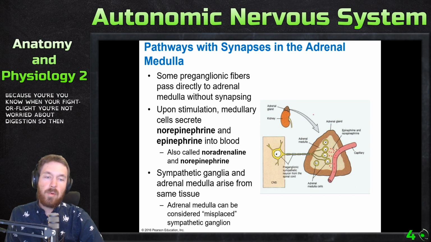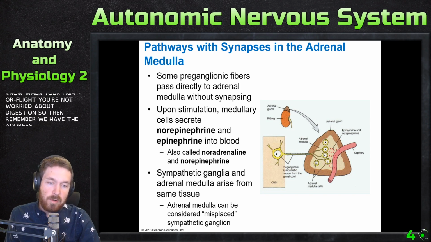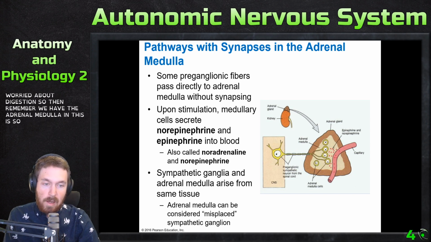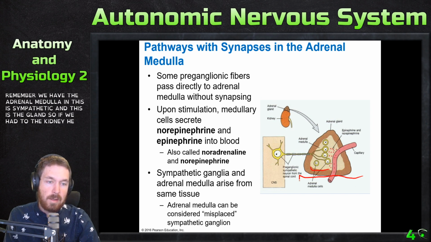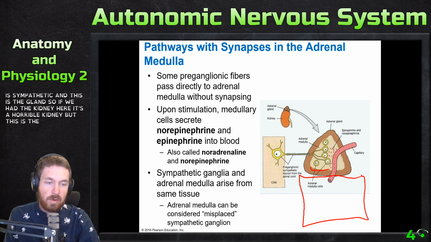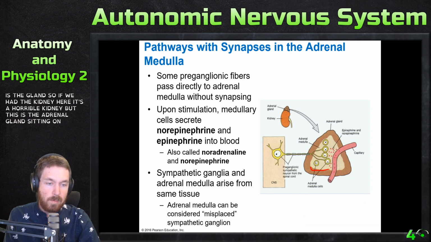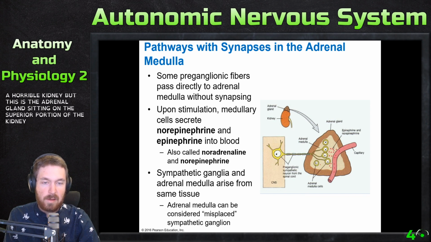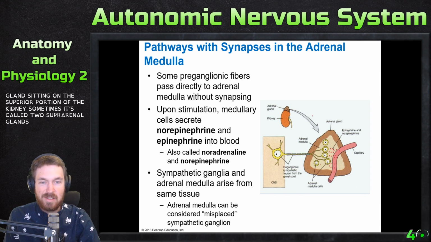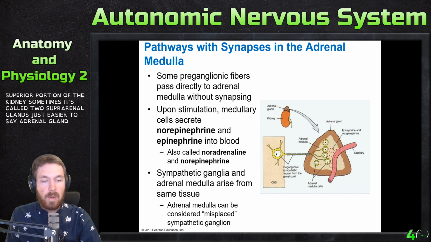So then, remember, we have the adrenal medulla, and this is sympathetic, and this is the gland. So if we had the kidney here, that's a horrible kidney, but this is the adrenal gland sitting on the superior portion of the kidney. Sometimes this is called the suprarenal gland. It's just easier to say adrenal gland. But in the middle of that, we have the adrenal medulla.